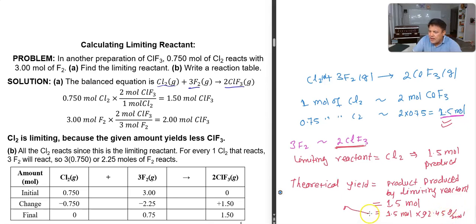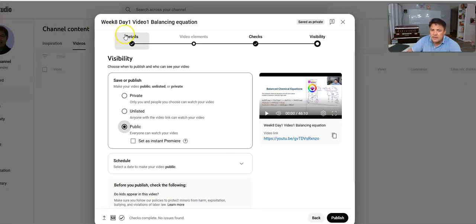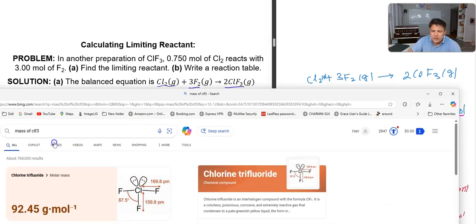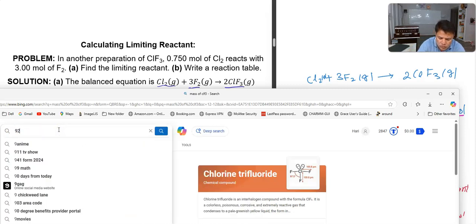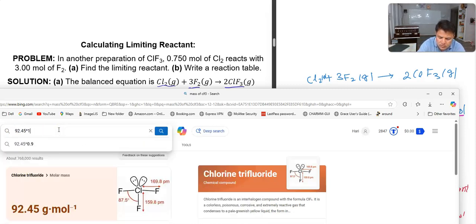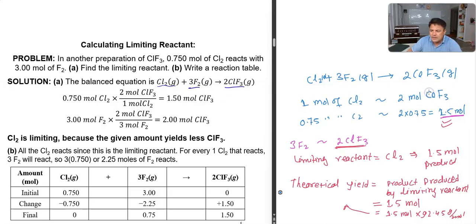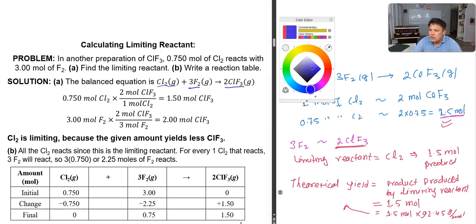So 92.45 into 1.5, right? 92.45 times 1.5, that is equal to about 138.67 gram. So the theoretical yield will be 138.67 gram. So done.